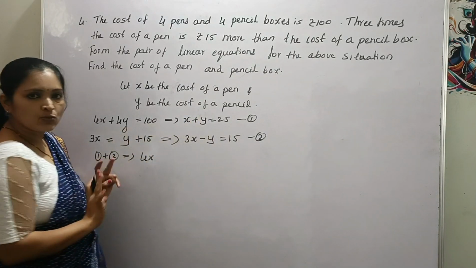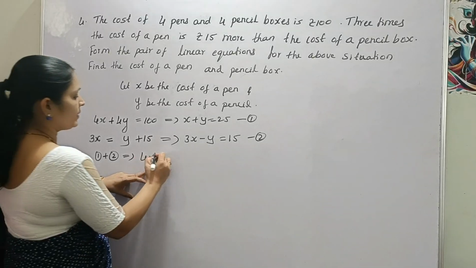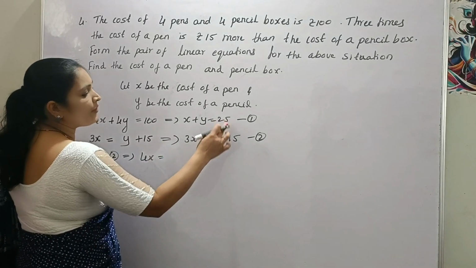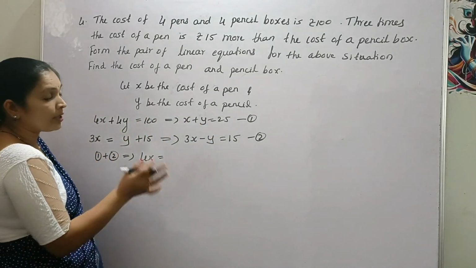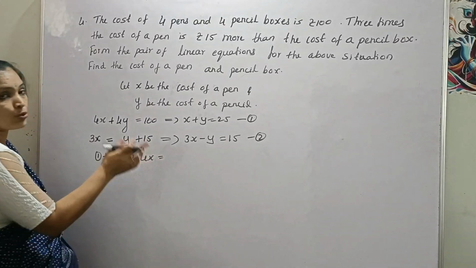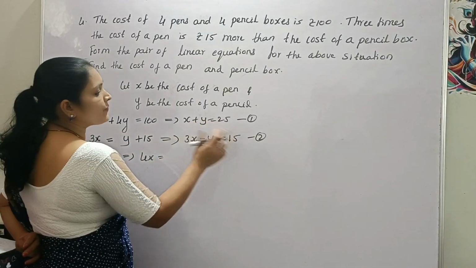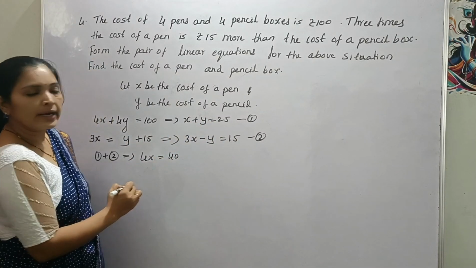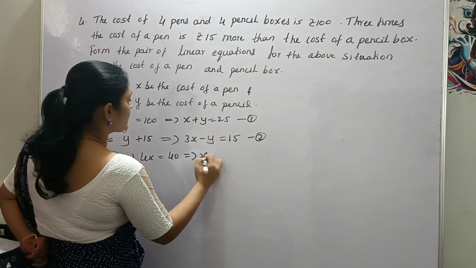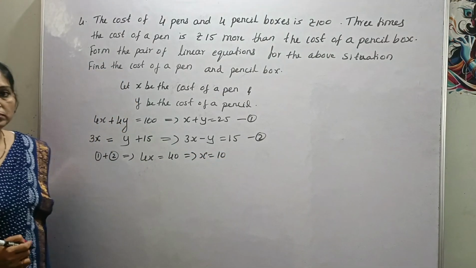Y plus minus y removed. That is equal to 25 plus 15, adding these 2 equations. 25 plus 15, 40. Right? That implies x is equal to 10.